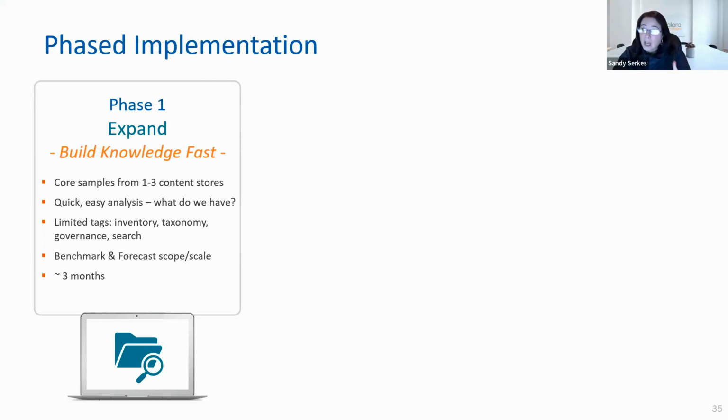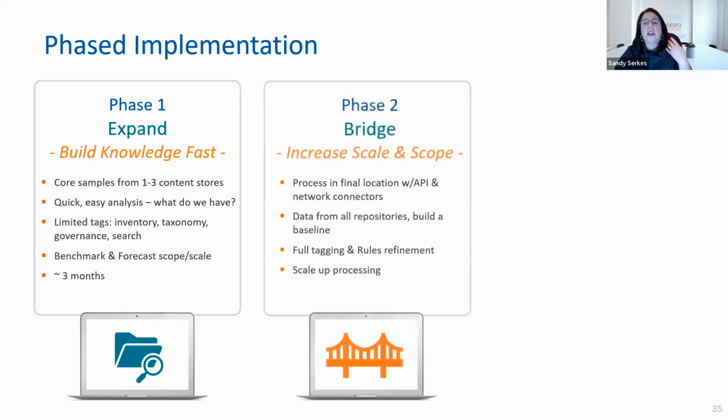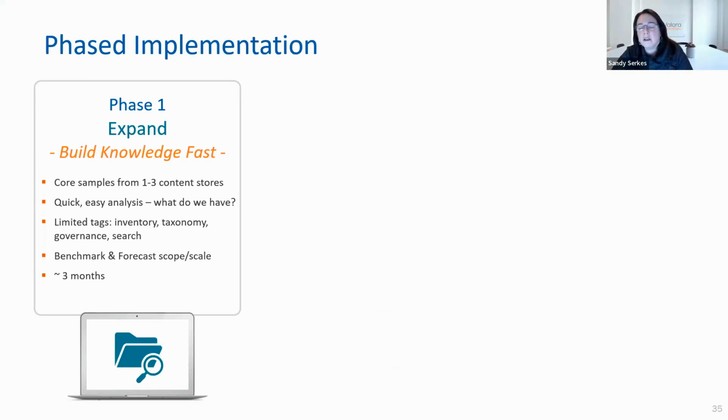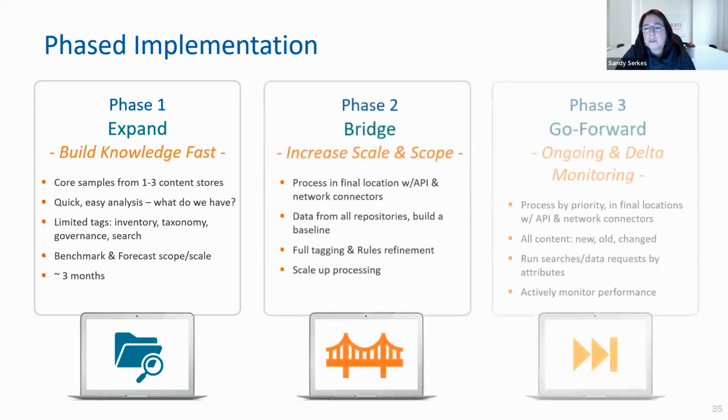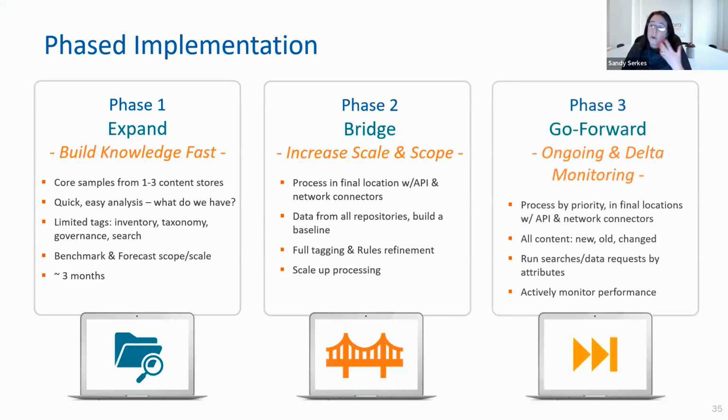Do a live working system everyone can see and go, yes, yes, yes. Then we get into what we call a bridge mode, where we're scaling up from a little pilot system into a full bore, enterprise class system. That's where the connectors are coming online and more processing power. And then, of course, into the go forward state.